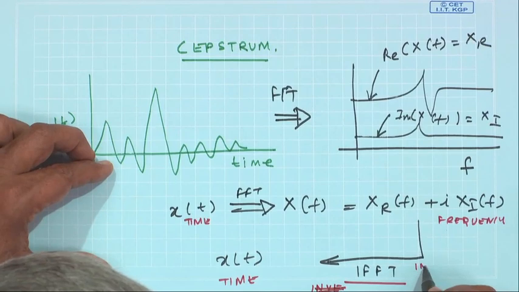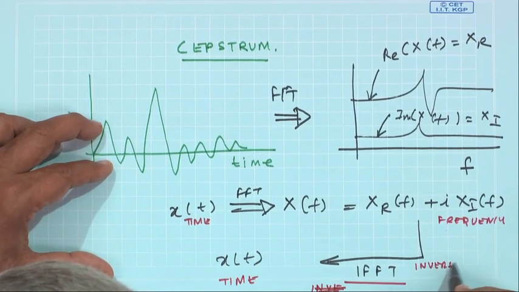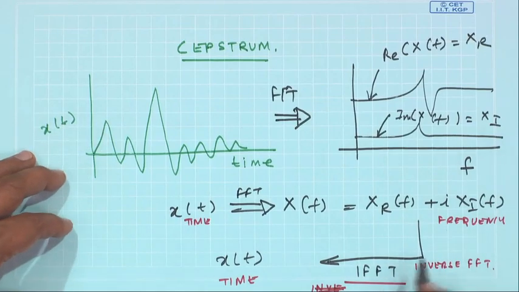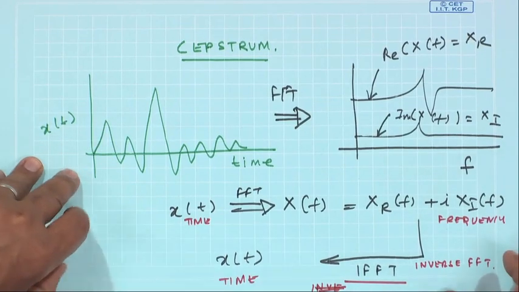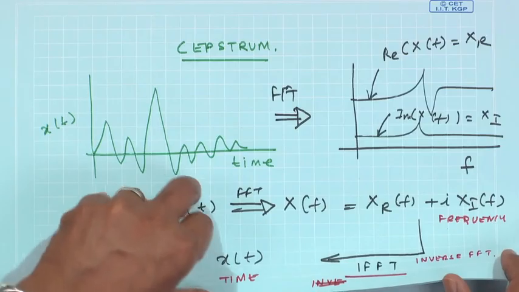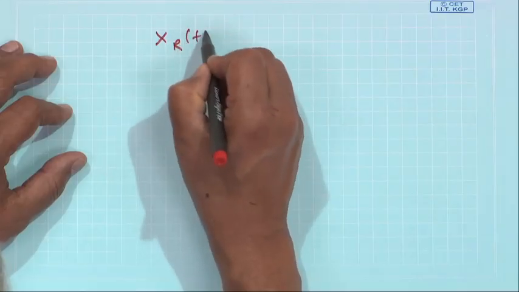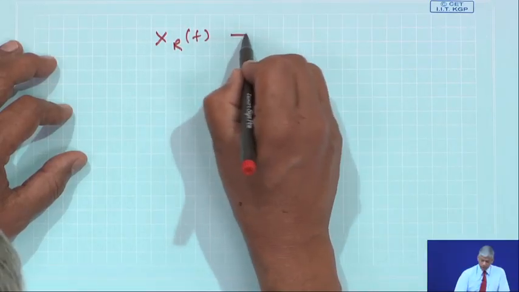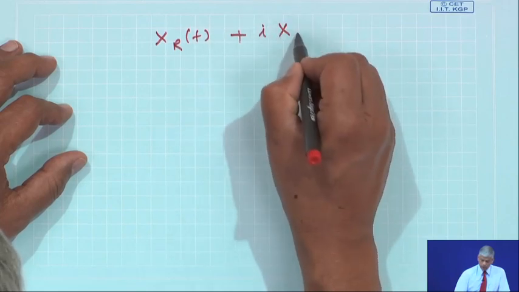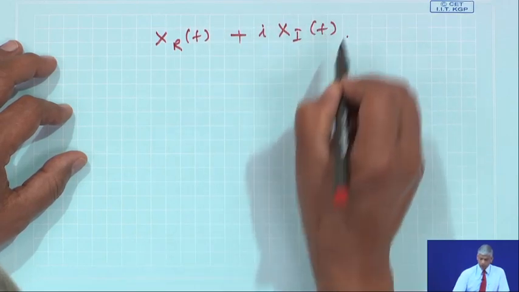Let me write it here for the benefit of the camera, inverse FFT. Okay. Now, what happens is in this inverse FFT, we change some modules in the real and imaginary part. So, I have x real frequency plus imaginary x imaginary frequency.